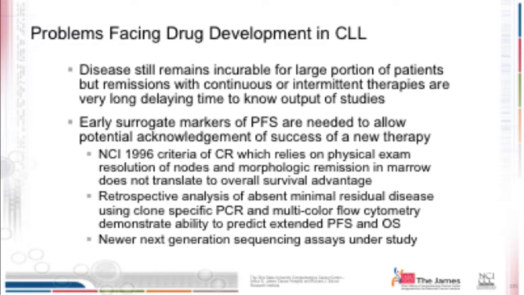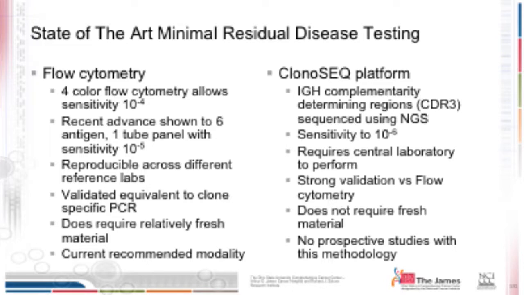It's flow cytometry with 4 or 6 antigen sensitivity, which can be done. It's reproducible across multiple labs, gets down to the 10 to the -5th. Whereas if we're sequencing the CDR3 region, we can get down to 10 to the -6. That requires a central lab, and it has not been validated prospectively.